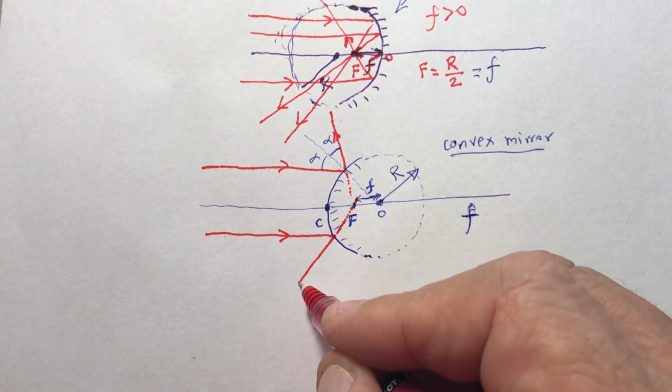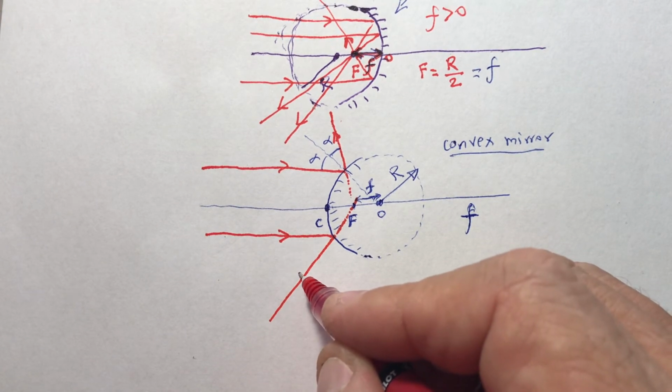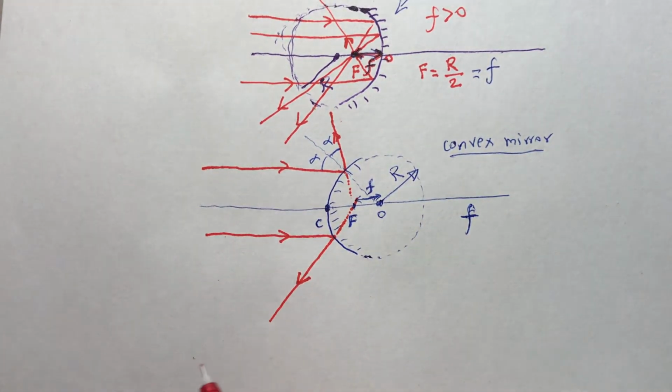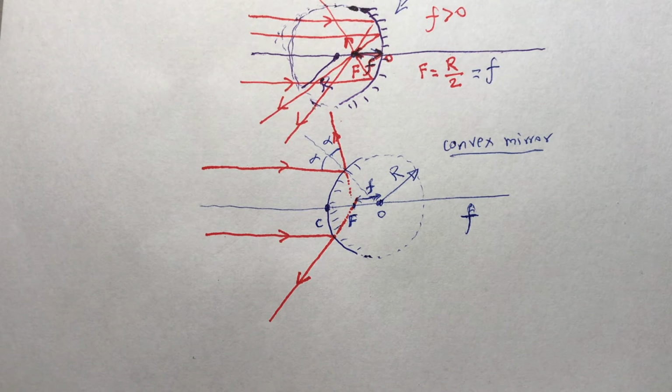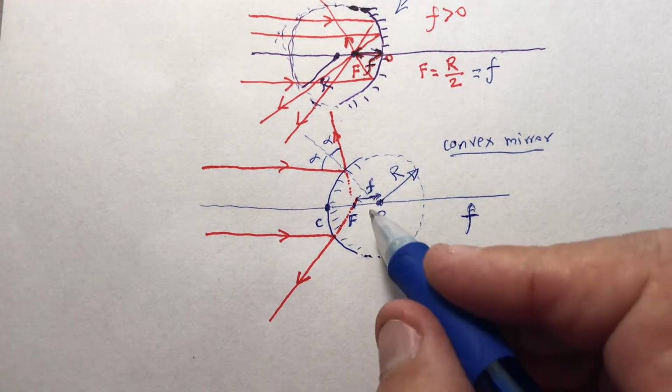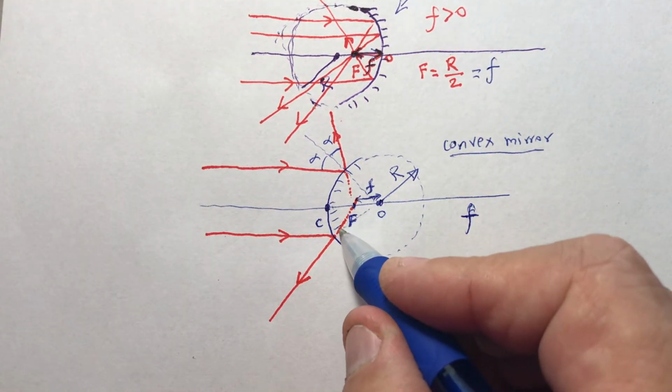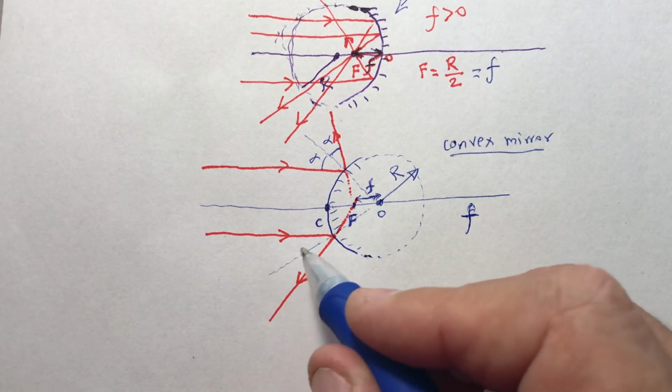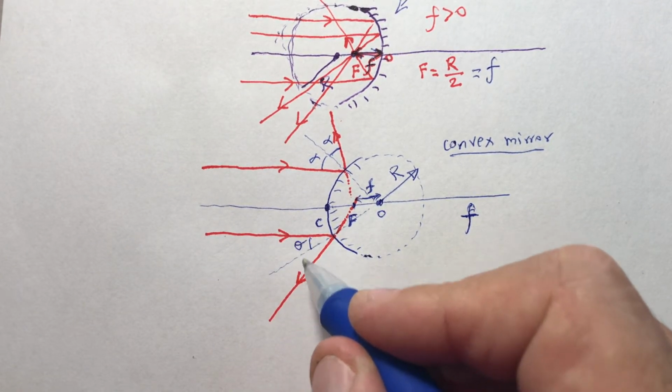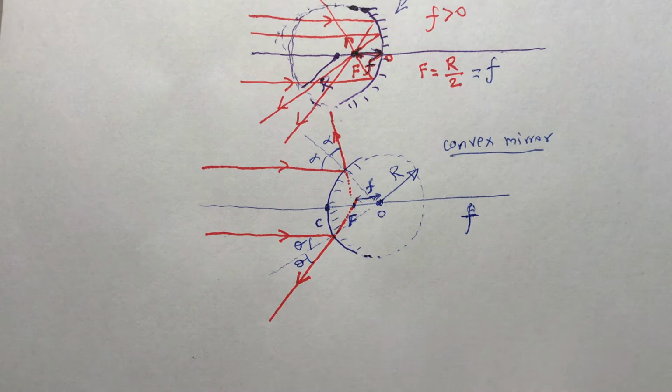So that's the reflected ray. It looks like that. And the angle, let me go this way. So this angle here, theta, is equal to that angle theta. The angles are equal to each other.